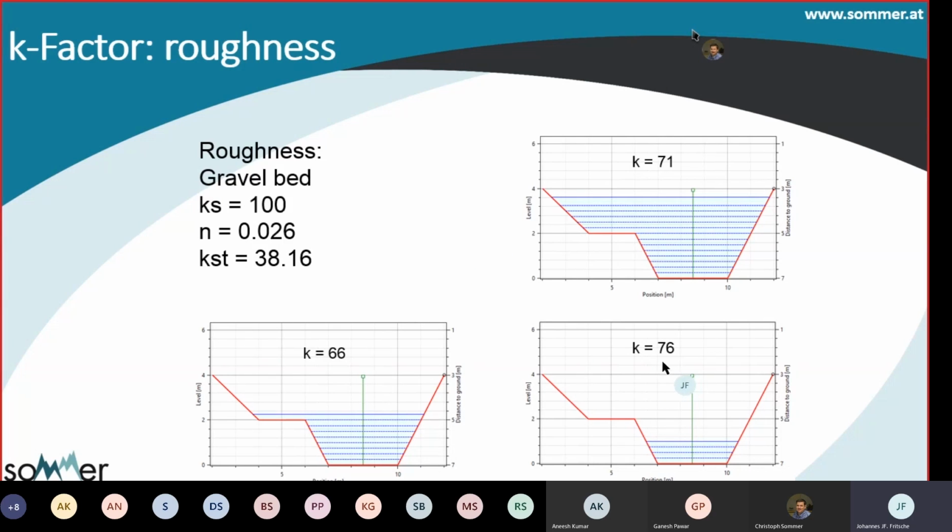And at low water levels, from 76 to 85. So this means that we have less friction in a very smooth riverbed than in a very coarse riverbed. And the mean velocity is much closer to the local velocity than when you have a coarse riverbed.